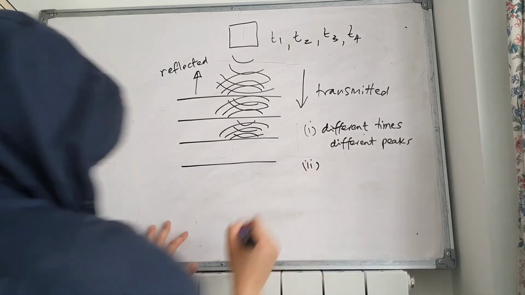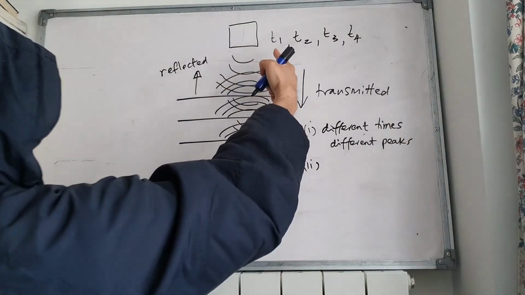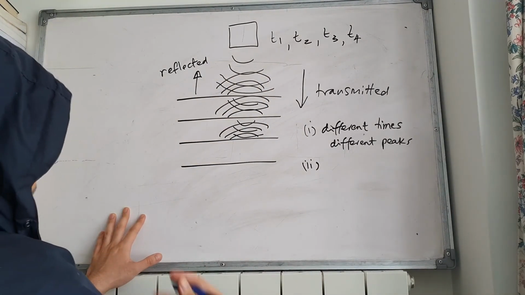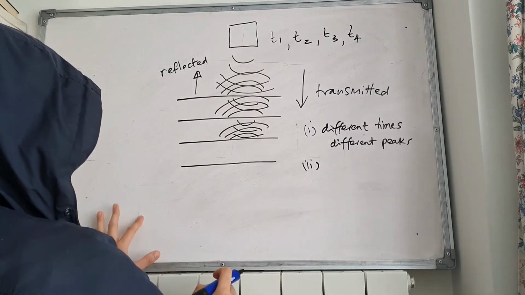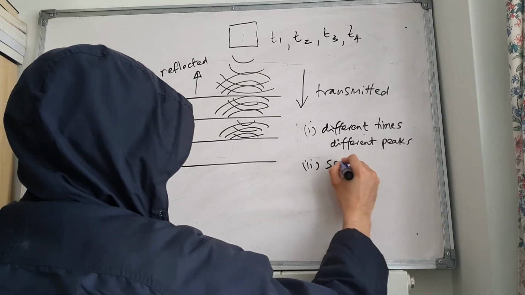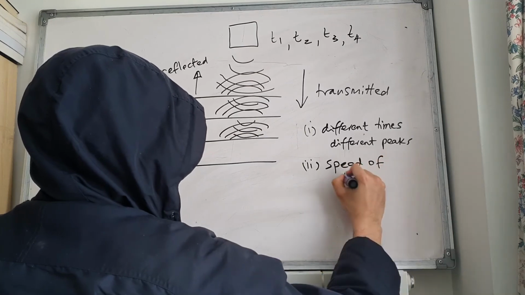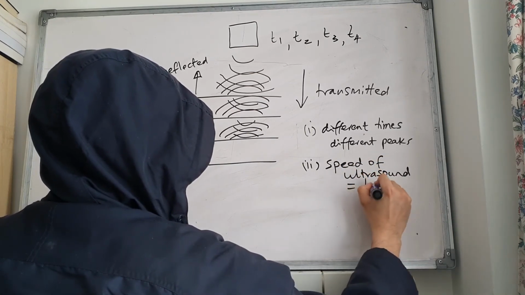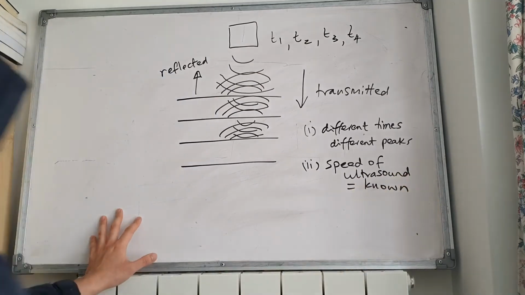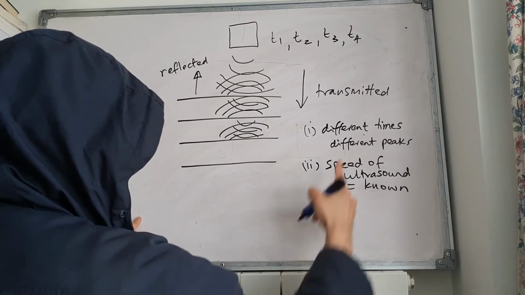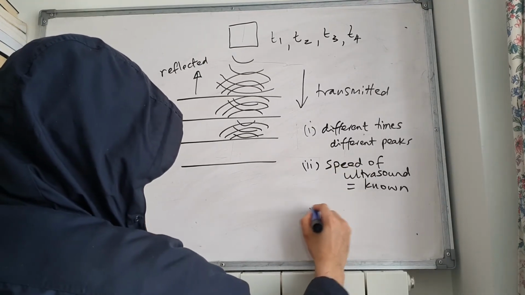Number 2, now how would you work it out? Now if you've got the time it takes for it to be received by the transducer, you can work out, because you know the speed of ultrasound, don't you? The speed of ultrasound is known. And if you know the speed and you know the time, what equation can you use?